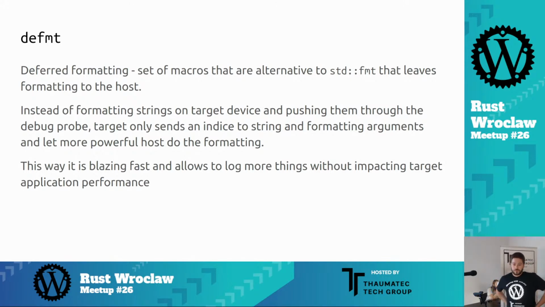defmt adds deferred formatting capability to your application. What this means is that in a normal application you use std fmt. So, for example, the println macro is part of it, but as Patrick showed, it is not accessible in the embedded space.